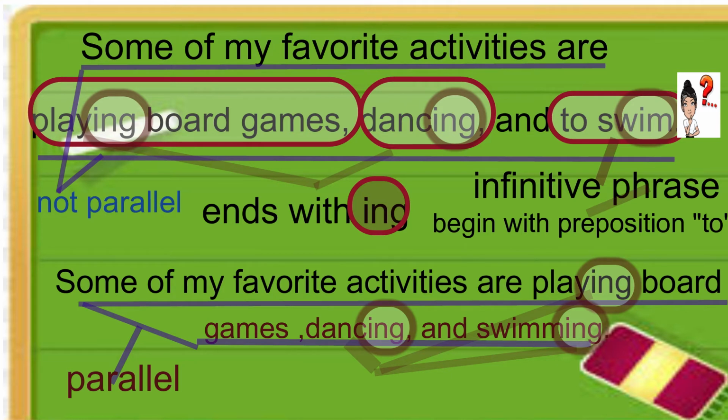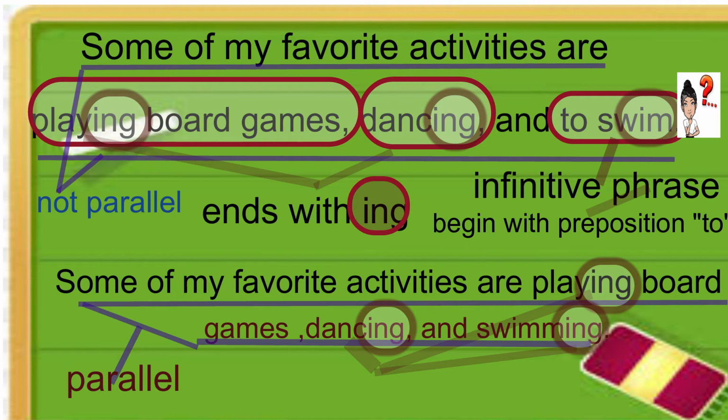At the end of that, the phrase is an infinitive phrase. Why infinitive phrase? Because it starts with the word to. That is a preposition. It begins with the preposition to. So it does not end in ing. So they are not in the same pattern.